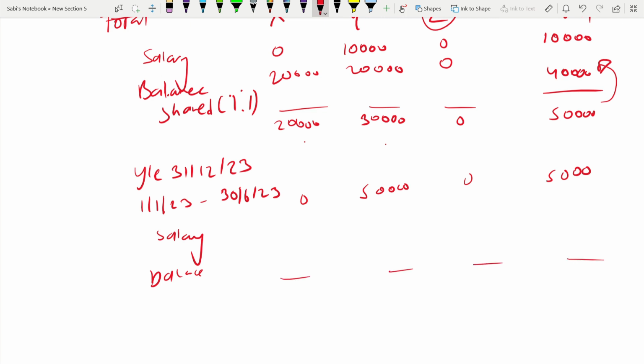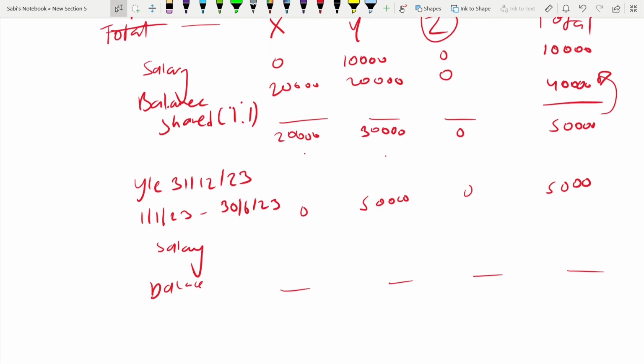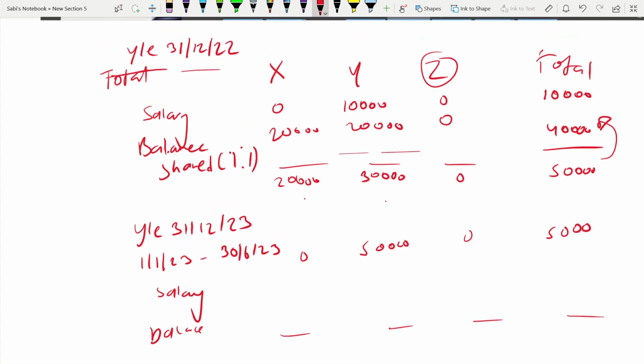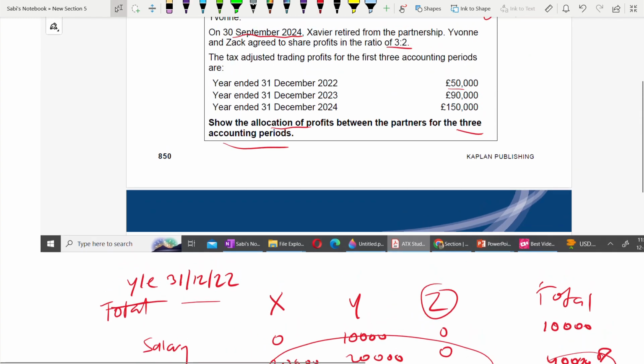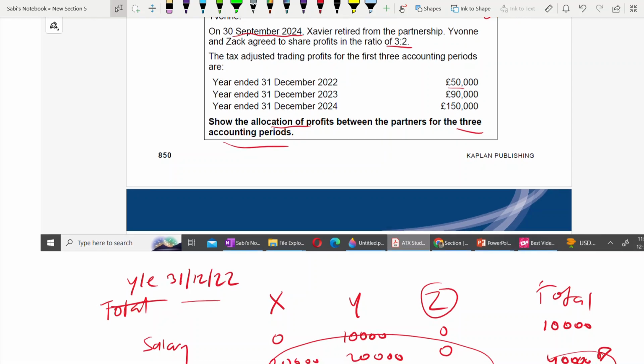So what is this thing you are given? The balance sheet will be this as it is. This one same as it is. This one only. Here, remember, this is 90,000. This 90,000 needs to be broken down into 45,000 and 45,000 because it's only for 6 months now.